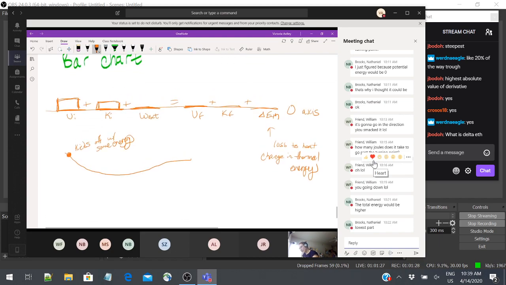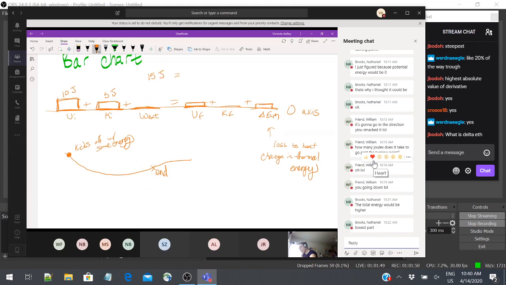Okay. And then he ends up right here, let's say. So if this is his ending point, he has less potential energy. He's maybe lost a little bit to friction. And then whatever's left, like let's say this is 10 joules, this is 5 joules. So he starts out with 15 joules of energy.